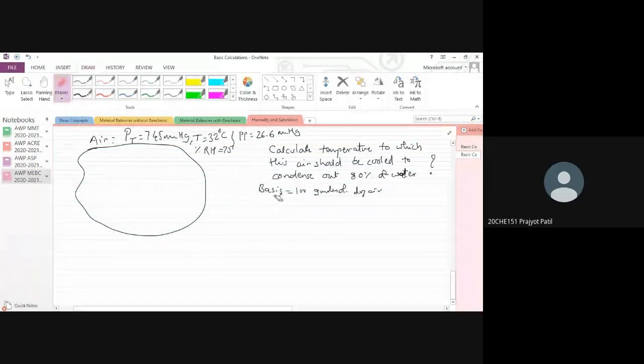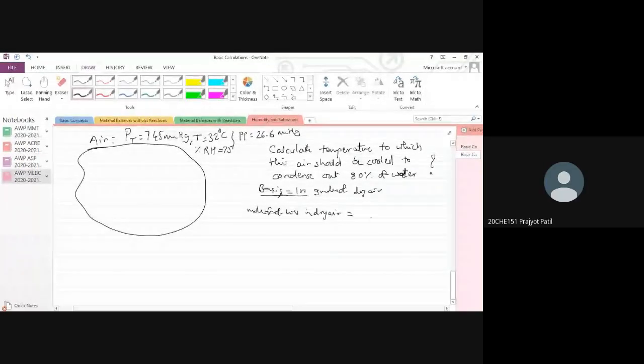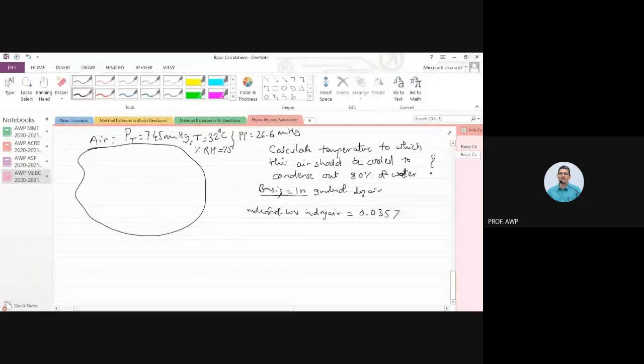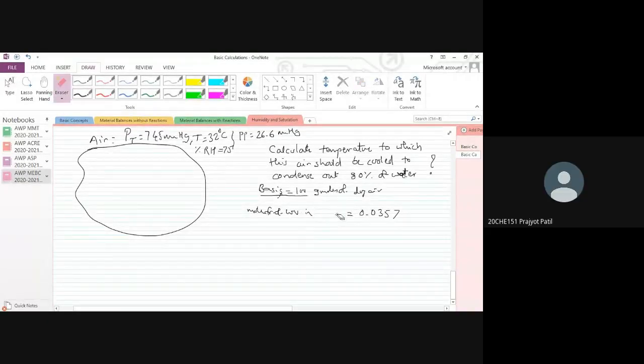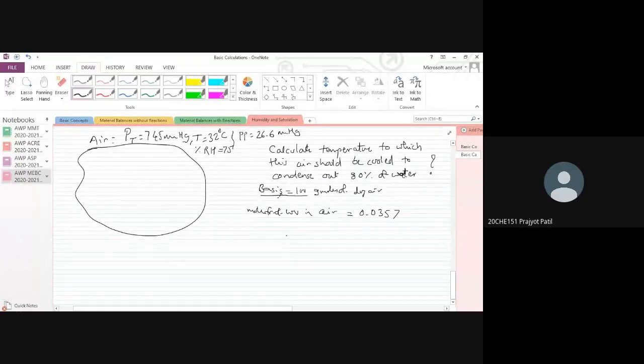Sir, I know the mole fraction of water vapor in air, it's 0.036 from the last question. 0.0357 in air. Okay. And I assumed 100 moles of dry air, so I will get moles of water vapor.